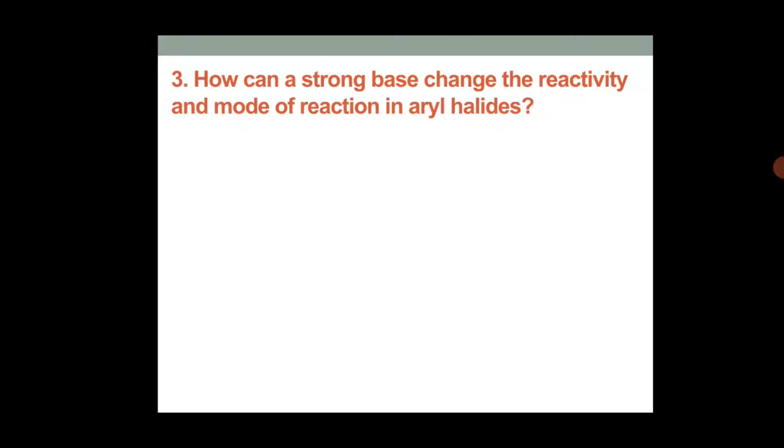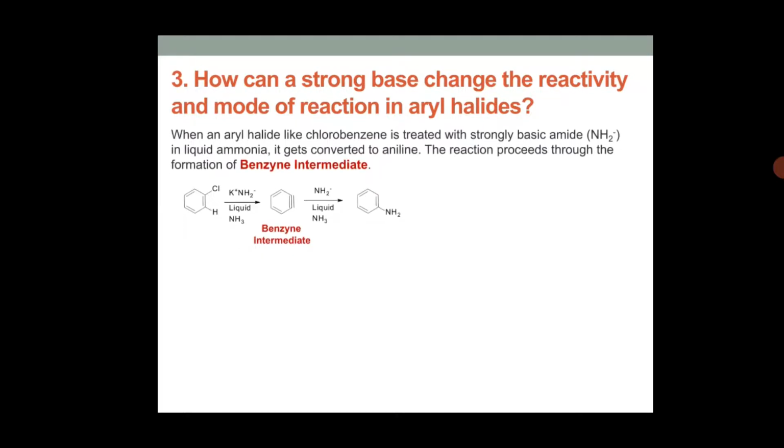In the third option, we can increase the reactivity of the aryl halide by carrying out the substitution reaction in the presence of a strong base like sodamide, phenyl lithium, etc. Let's take the example of chlorobenzene.